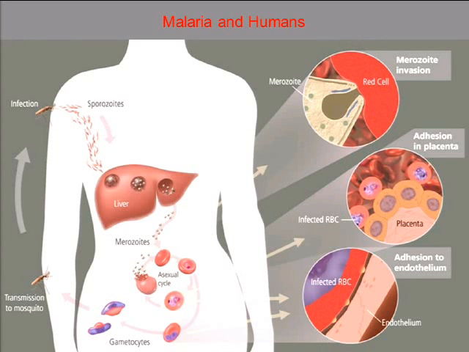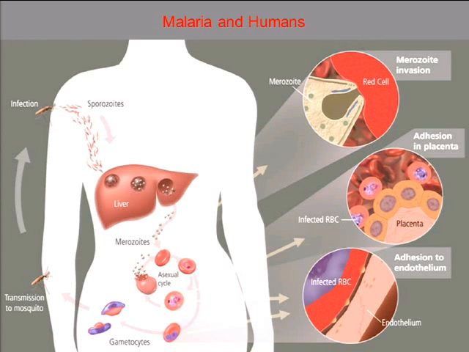All right, now let's talk in depth about the human life cycle. So here we are, the mosquito has taken a bite, and the sporozoites have been injected into the human bloodstream. The sporozoites, within 30 minutes of injection, can infect the hepatocytes within the liver.